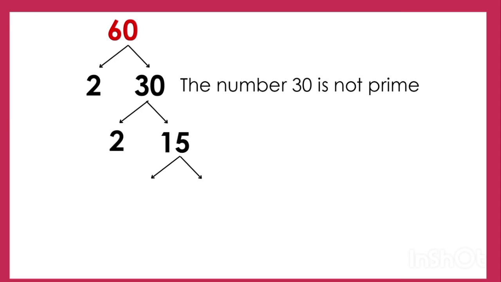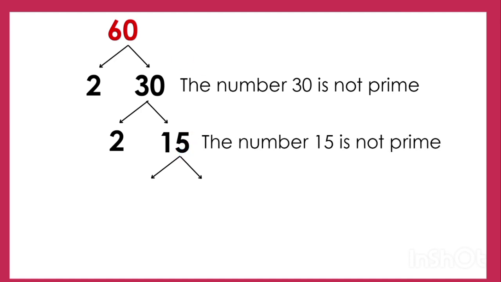So 2 times 15 equals 30. 15 is also not a prime number because it can be divided by numbers other than itself. So we have 3 times 5, which is 15. Is 5 a prime or a composite?